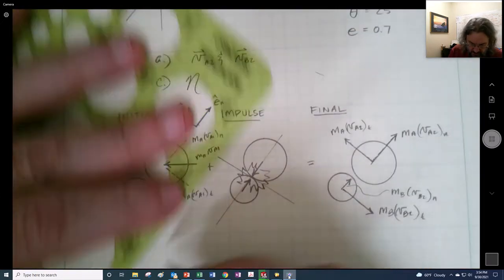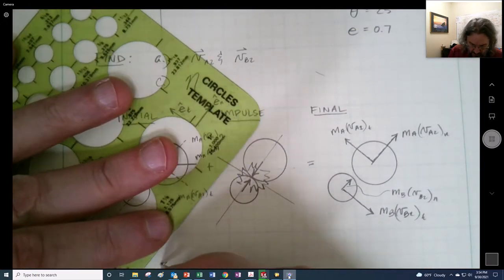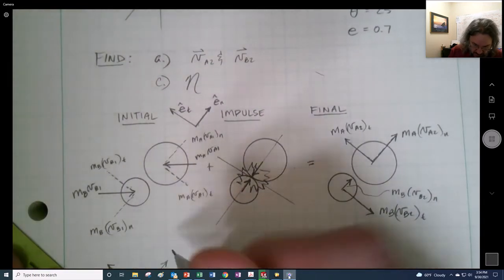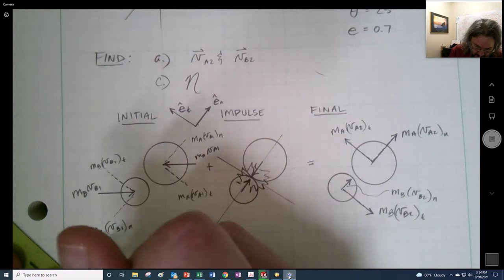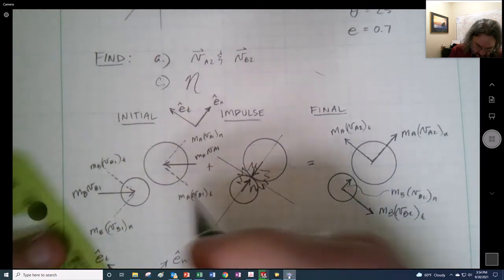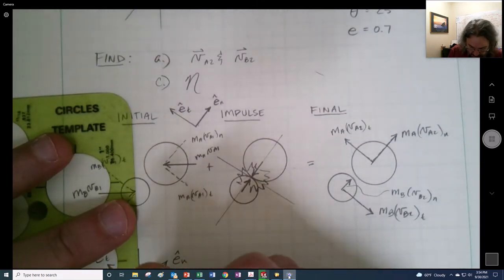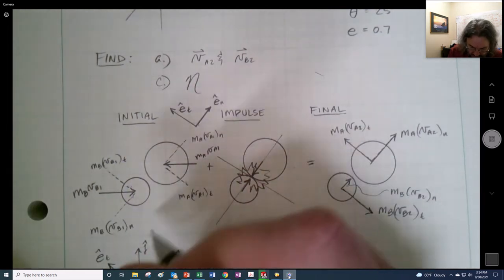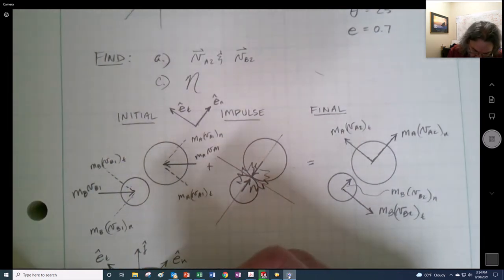Let's take these angles that we have right up here. Here's our normal, here's our tangential, so here's EN and here's ET. And here is J, and here is I.